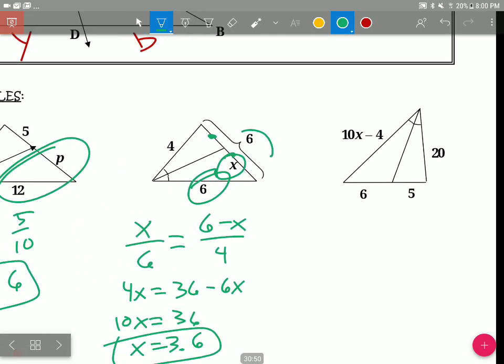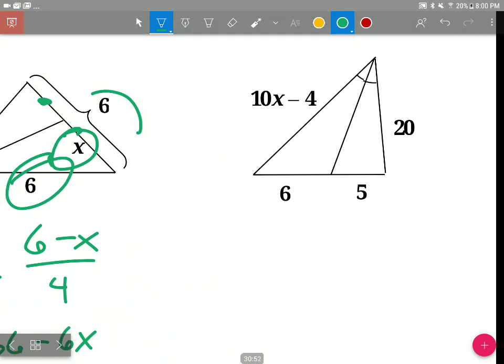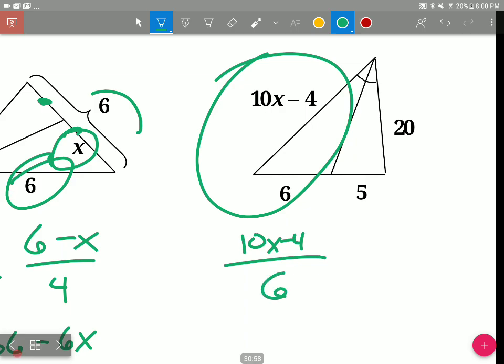This video is getting way too long. So here we go, I'll do 10x minus 4. I just want to put the x on top. So 10x minus 4 over 6 equals 20 over 5.